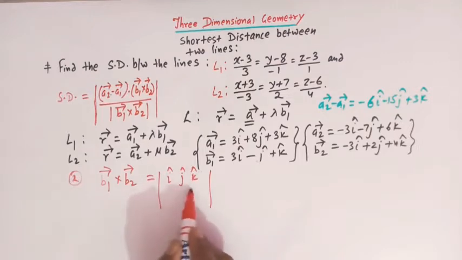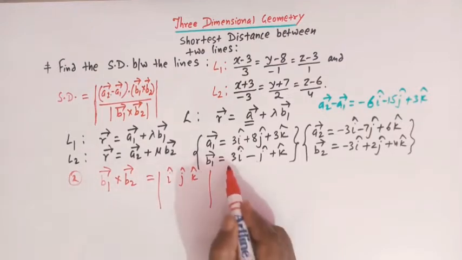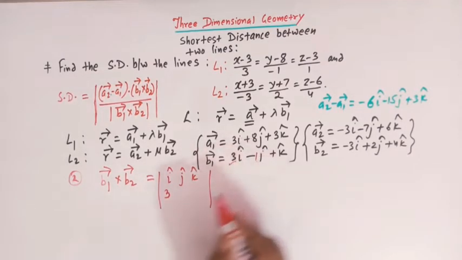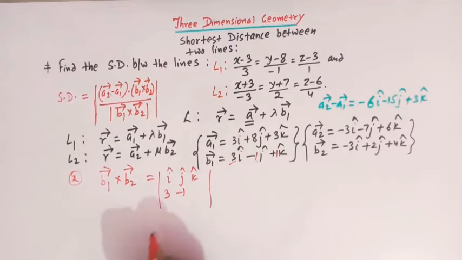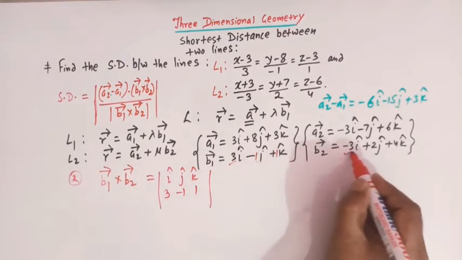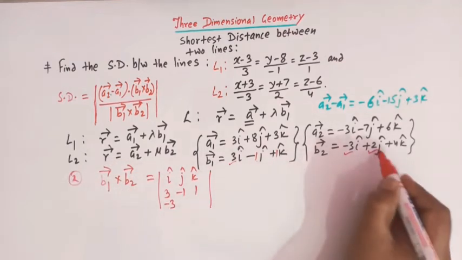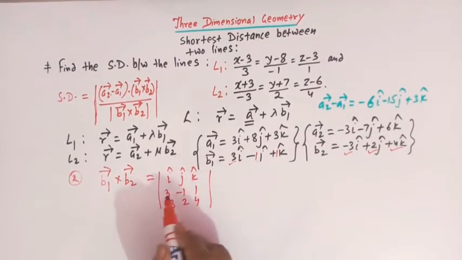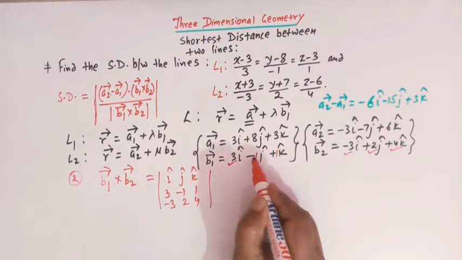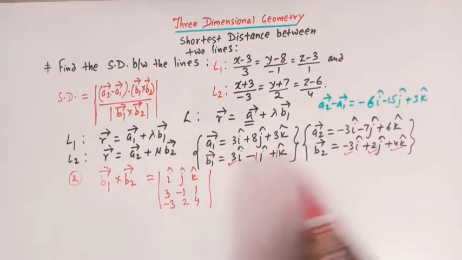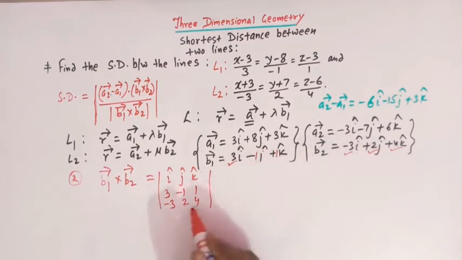The second row is occupied by vector b1, so we have the components 3, minus 1 and 1. And the third row is occupied by b2, and here we have minus 3, 2 and 4.